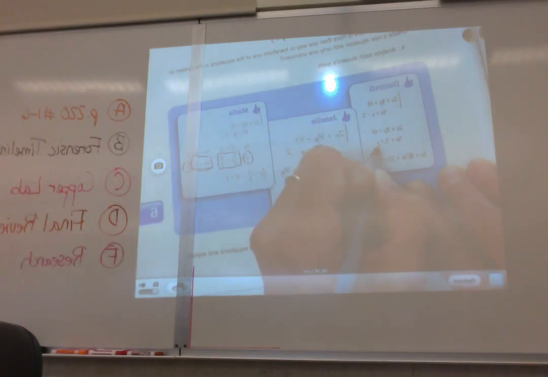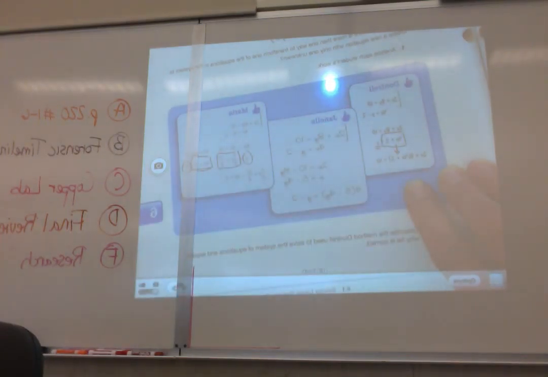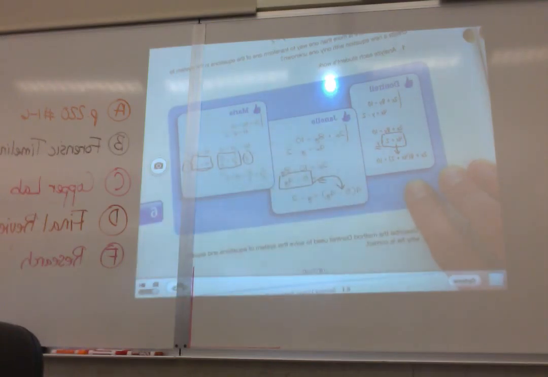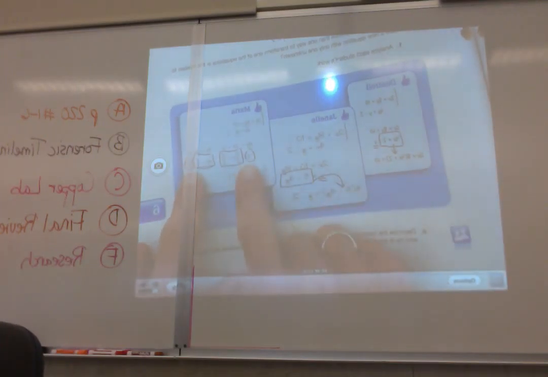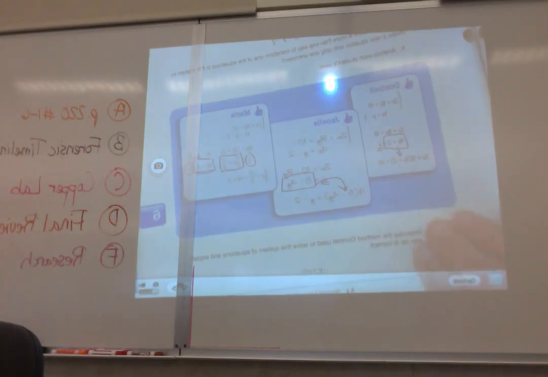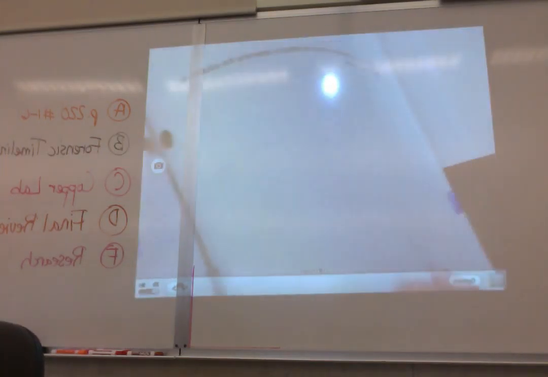In Dontrell's, he got y by itself, and then took this expression and plugged it in to the other equation. Janelle said, I don't like y, I want to work with x. She did the same thing with x. She got x by itself and then took what x was and plugged it in to the other expression. So instead of always getting both of them into y equals and then setting them equal to each other, there are two other options. We'll look at how those work and which equations you might want to do that for today. Okay, flip the page.